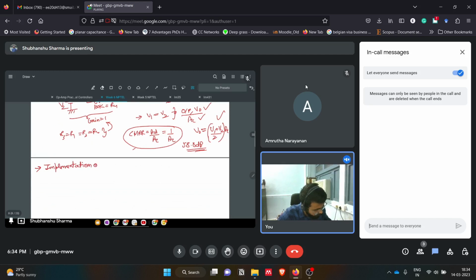If you have any doubts in between, you can ask or you can write in the chat box also. So, implementation of sensor signal conditioning circuit.